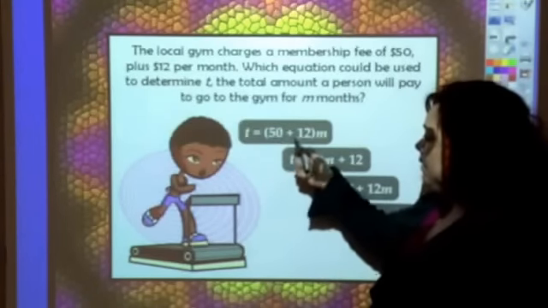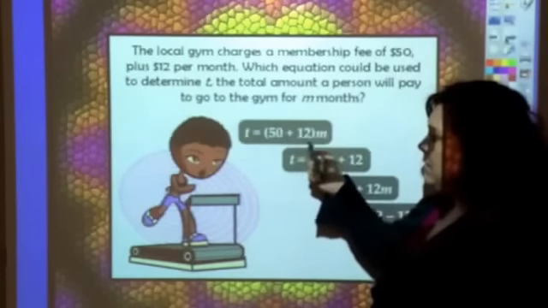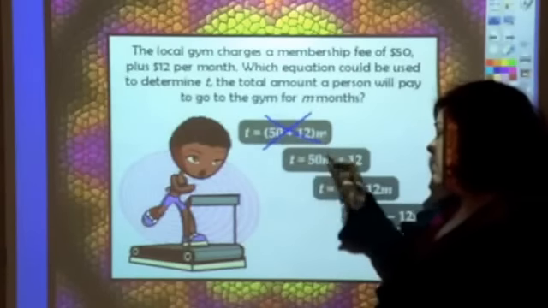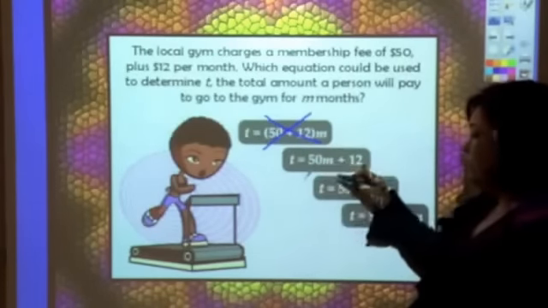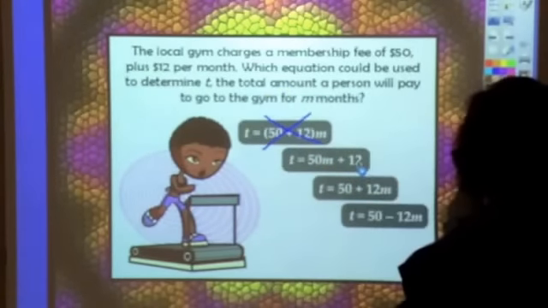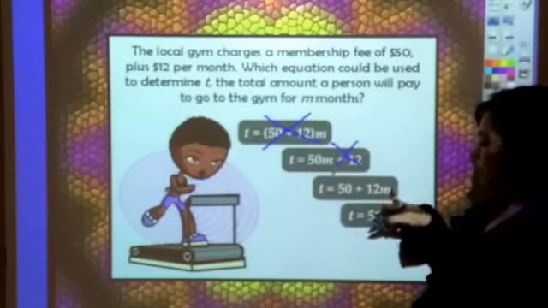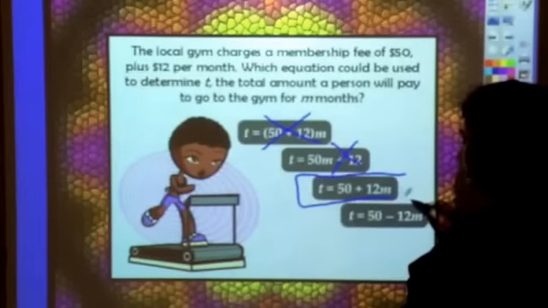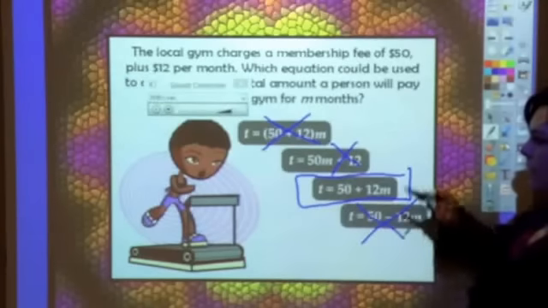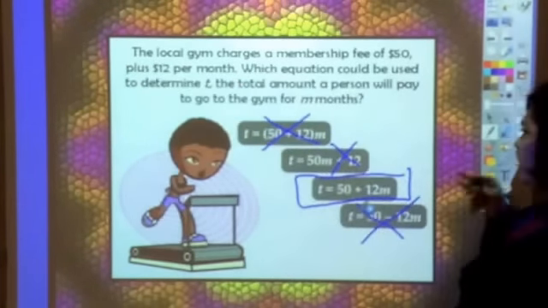Well, $50 plus $12 times the number of months would mean that you pay the $50 every month, and that's not what it says. $50 a month plus 12 is not what it says. And $50 plus $12 a month, that's what it says. $50 minus $12 a month, I wish. That would be great. So this is the amount that it would cost.